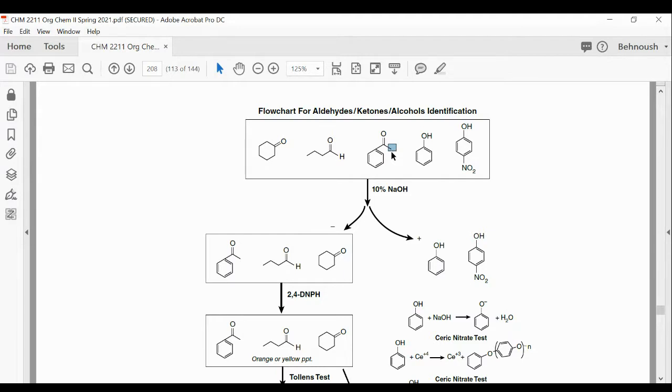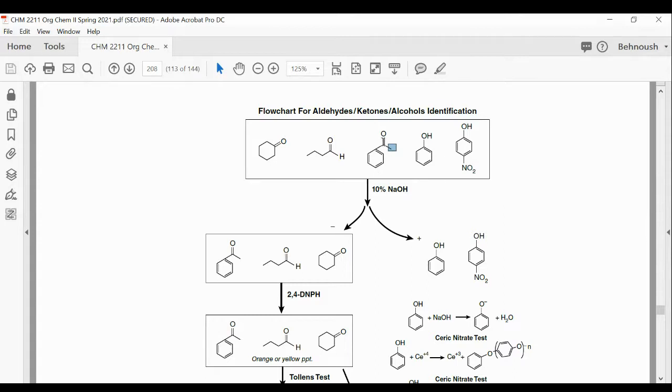And the phenyl ring, the benzene ring, is not considered in naming the structure? It is considered, but this is not naming, it's classification. In general, when we say we have a ketone, we could say specifically we have a methyl ketone, or we could say we have an alcohol, but specifically a primary alcohol. This is just for classification purposes. Okay, thank you. I'm glad you asked the question. You're welcome.